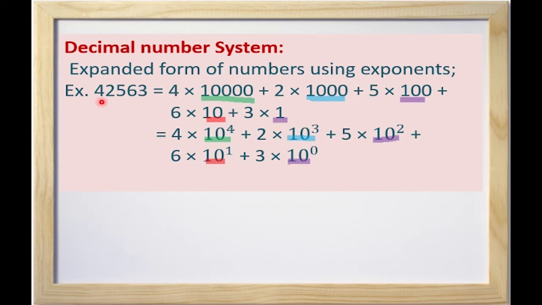So the number 42,563 can be expanded using exponents as 4 into 10 raised to the power of 4 plus 2 into 10 raised to the power of 3 plus 5 into 10 raised to the power of 2 plus 6 into 10 raised to the power of 1 plus 3 into 10 raised to the power of 0. Understood, children?